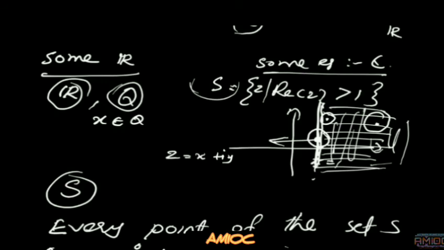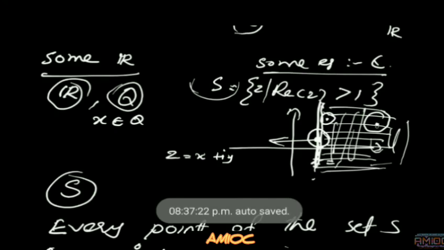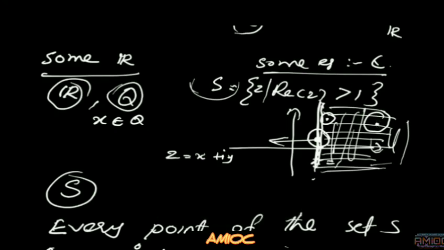If we consider any point x belonging to Q, there does not exist an open interval that completely lies inside the set Q. Therefore, no point of Q is an interior point, hence Q is not an open set, but R is an open set. If we consider the real part of z greater than 1, every point of this set is an interior point, and hence S is an open set.